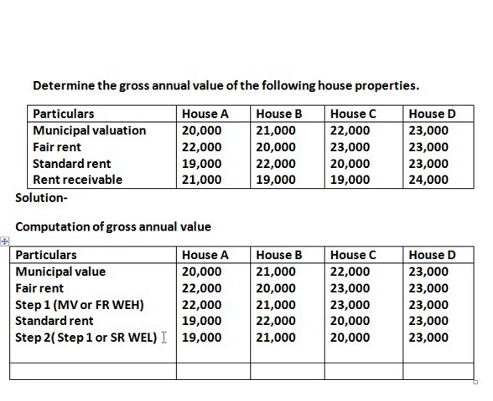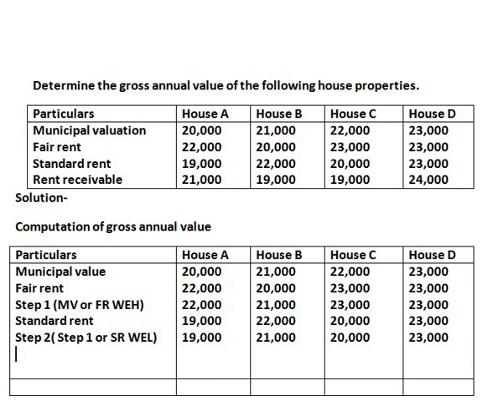Now this value is compared with the rent receivable. What is the rent receivable for house property A? 21,000.